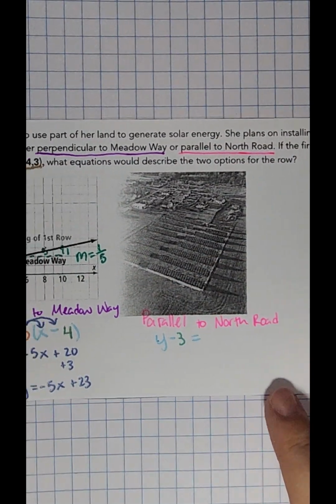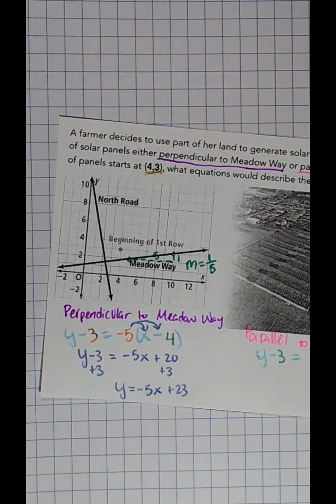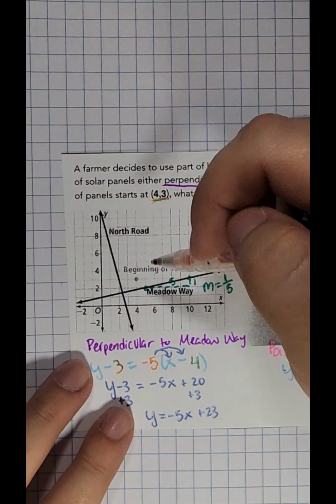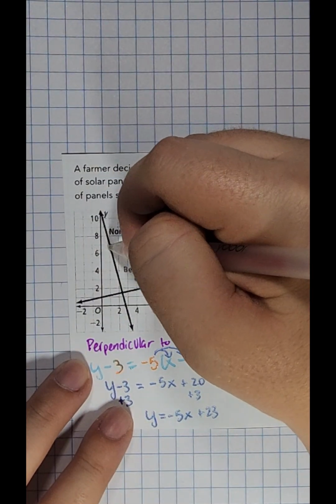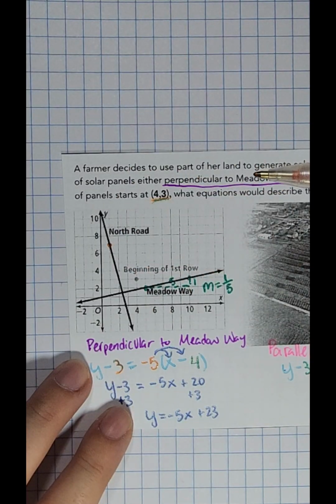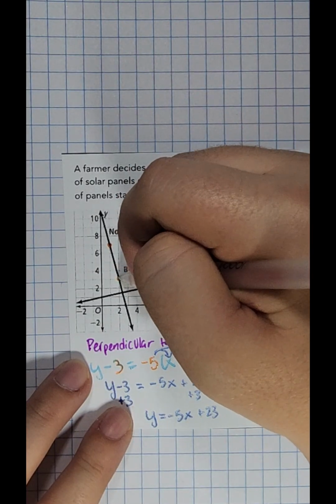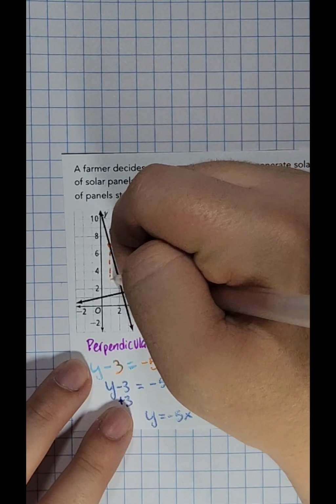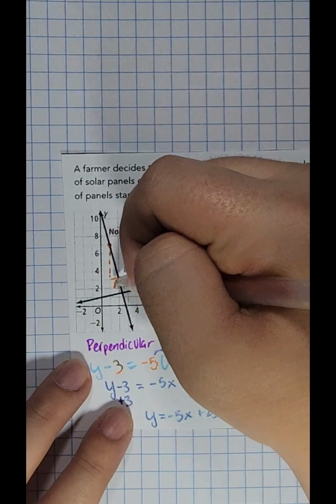Oh, but we forgot to get our slope. So now we're going to go back to North Road, and we're going to find the slope of North Road. So we're again going to find a point that crosses directly on a grid line, then find a second point that crosses directly on a grid line, figure out how far we travel vertically and horizontally.